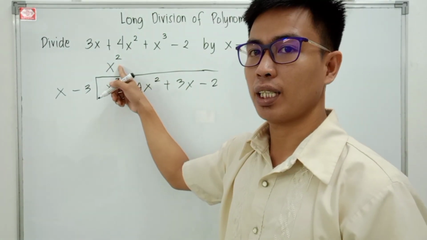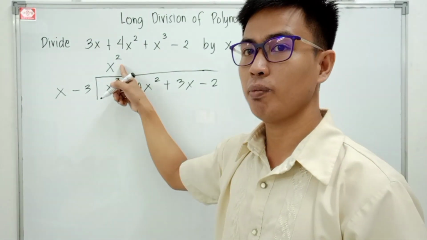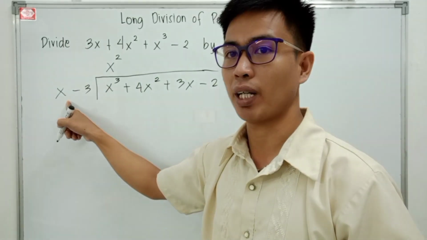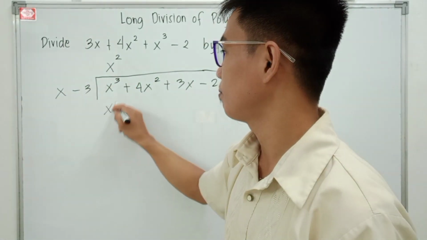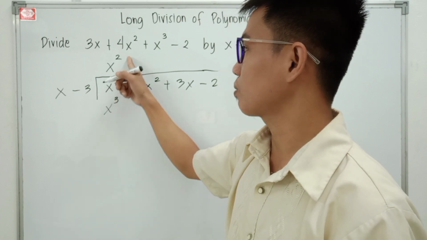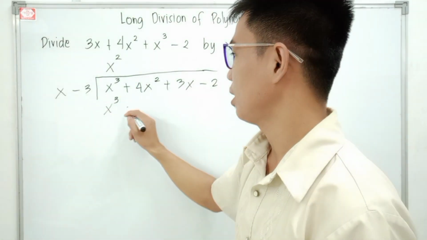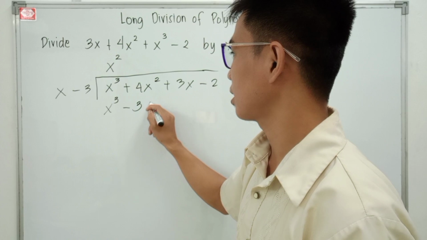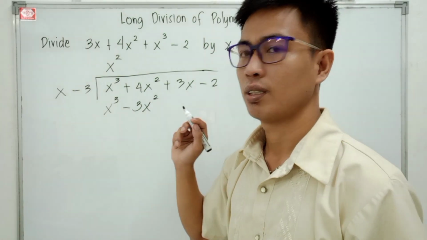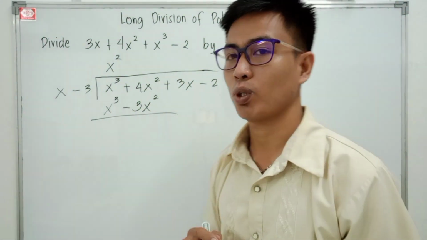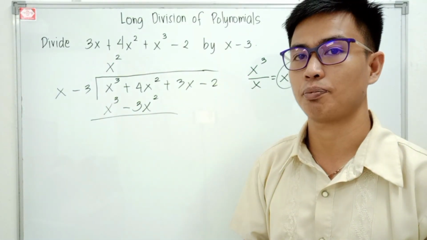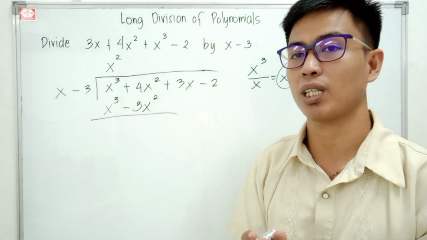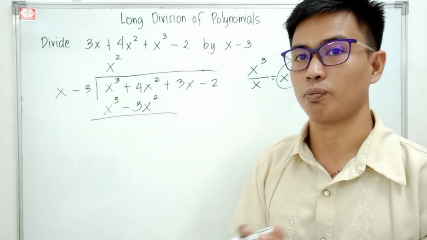Then, pagkakuha natin, ang gagawin natin is we will multiply the result to the divisor. So, x squared times x is x cubed. Then, x squared times negative 3 is negative 3x squared. And then, proceed to subtraction. In algebra, kapag nagsusubtract tayo, we change the sign of the subtrahend.